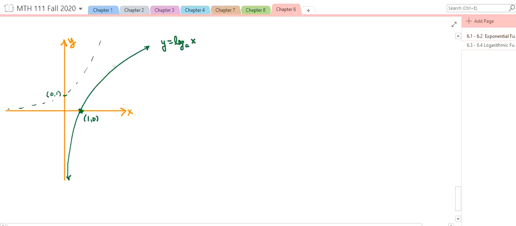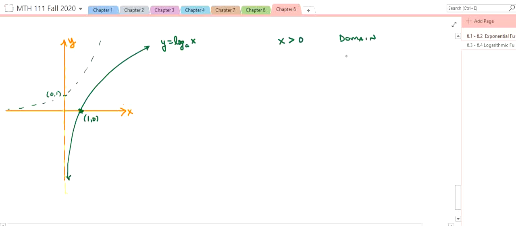And this function never touches the y-axis. So x is not allowed to be 0. In fact, it has to be greater than 0. And that's the domain of our log function: x greater than 0.